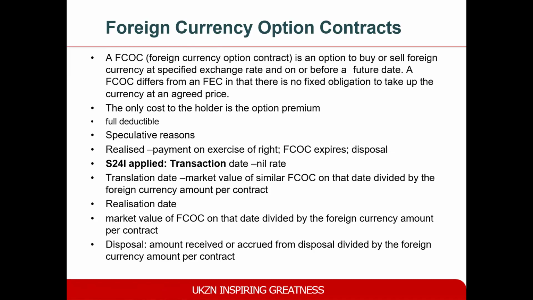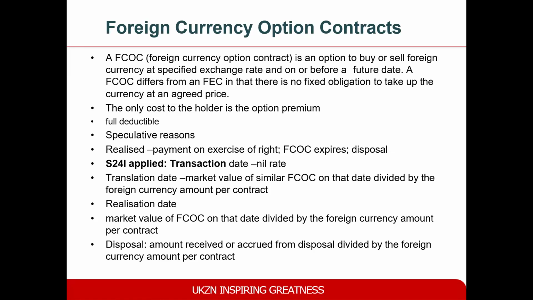You may or may not buy. The FCOC then differs from the FEC in that there is no fixed obligation. I mean, the foreign currency option is an option to buy. You may buy, you may not buy. It's up to you. The only cost to the holder is the option premium, which is fully deductible.